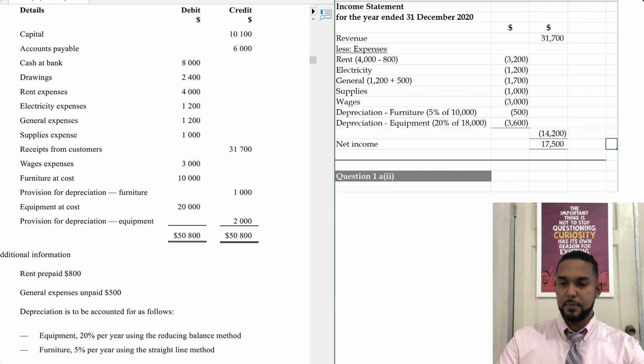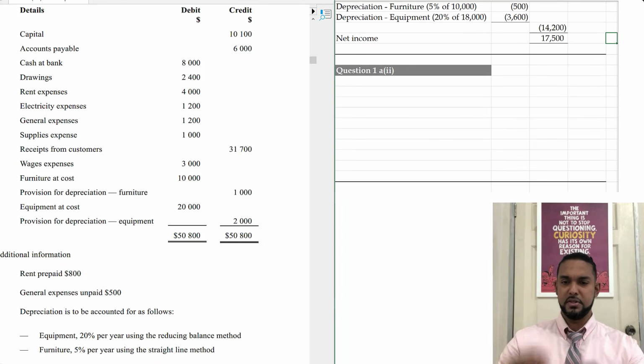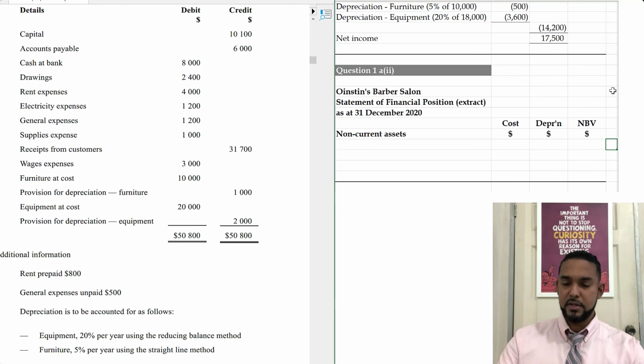So I'm going to scroll a bit down on this side so we can see things more clearly, a bit more center. All right, so again, heading up: Barber Salon, statement of financial position extract as at 31st December 2020. So we have 3 columns. One is cost, then depreciation, and if you could fit it, put accumulated depreciation or provision for depreciation or depreciation to date, and NBV stands for net book value.